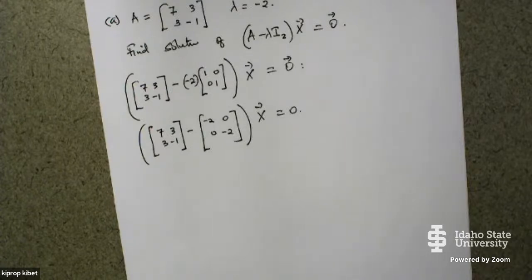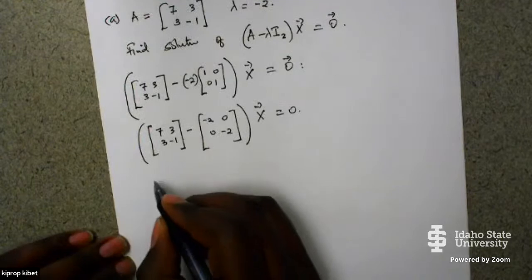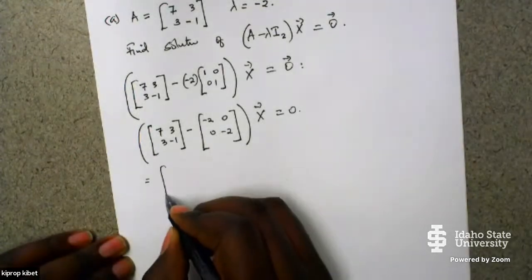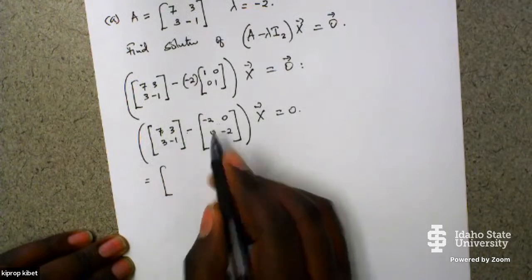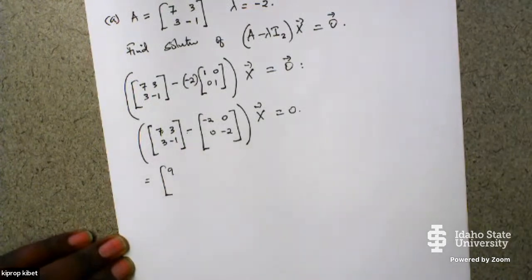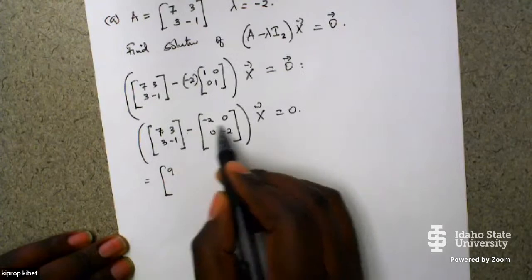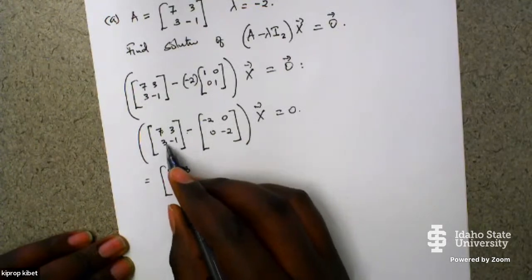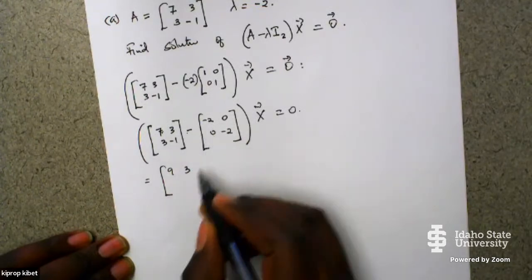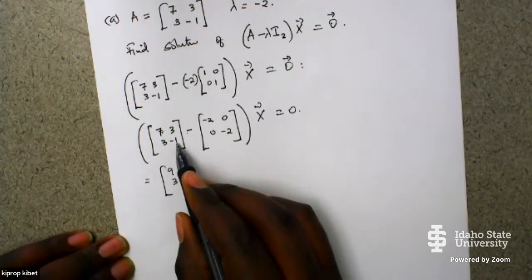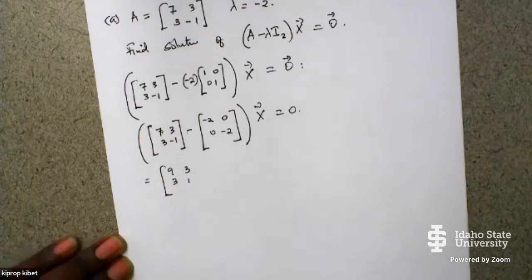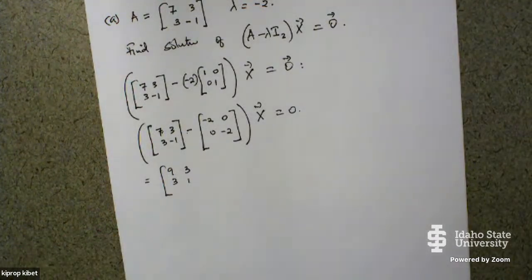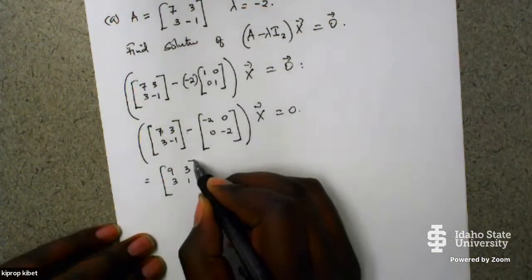Now subtract. So finally, what you get here is 7 minus minus 2, which is 9. 3 minus 0, you get 3. 3 minus 0, you get 3. Minus 1 minus minus 2, you get 1. So that is what you get.